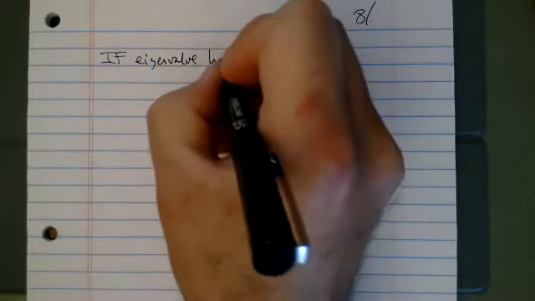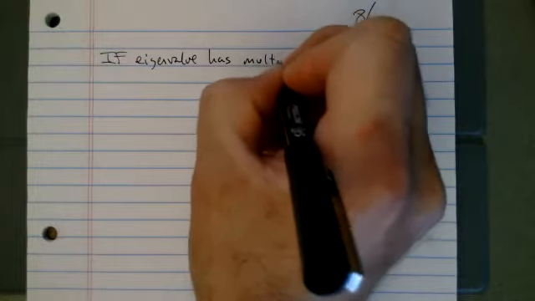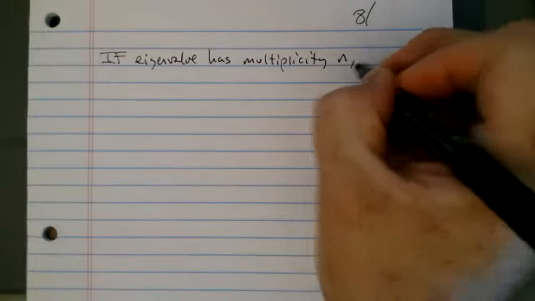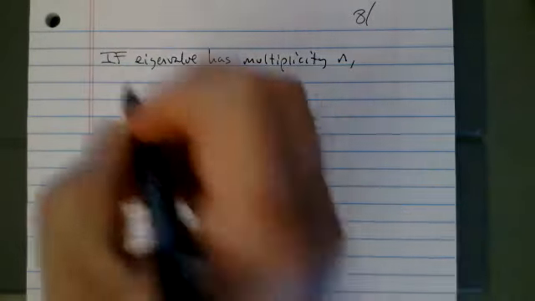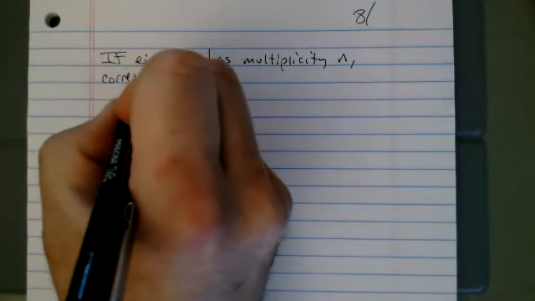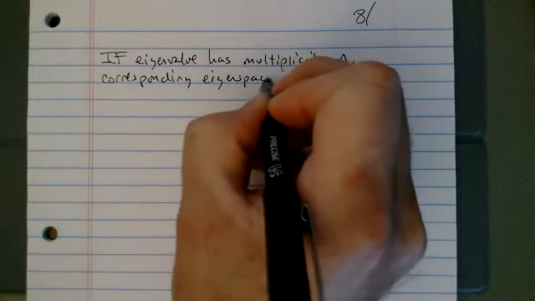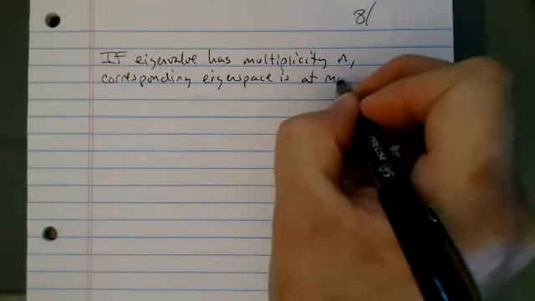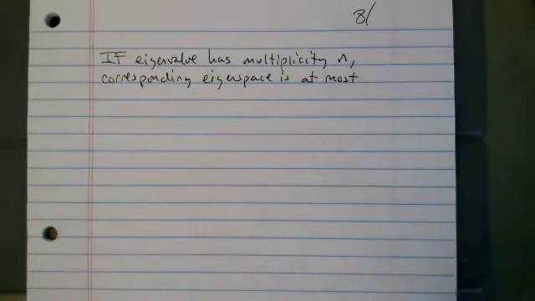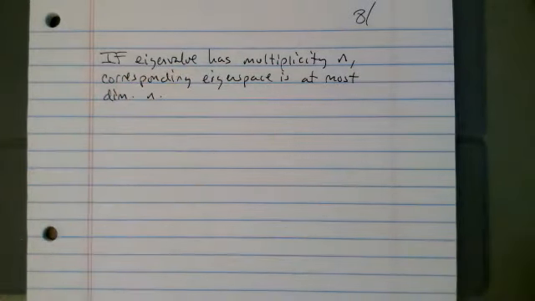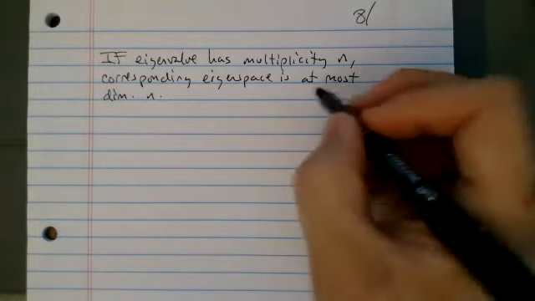If the eigenvalue has multiplicity, let's say n, the dimension of the corresponding eigenspace is at most n. At most.